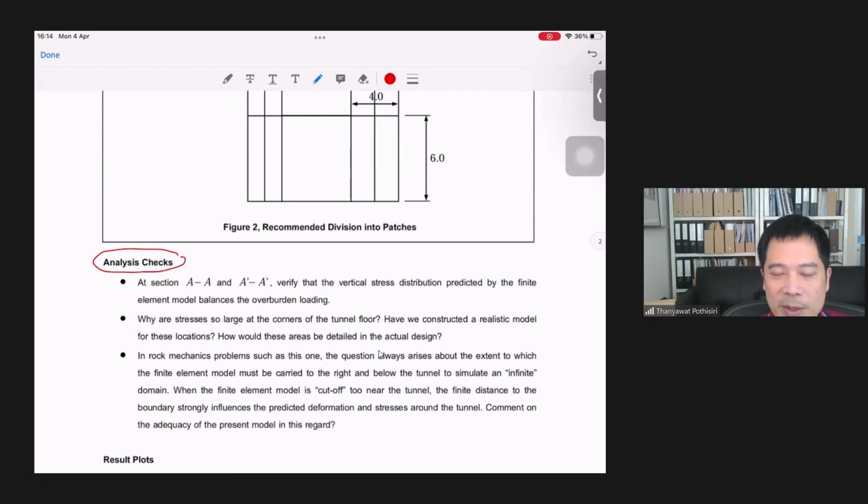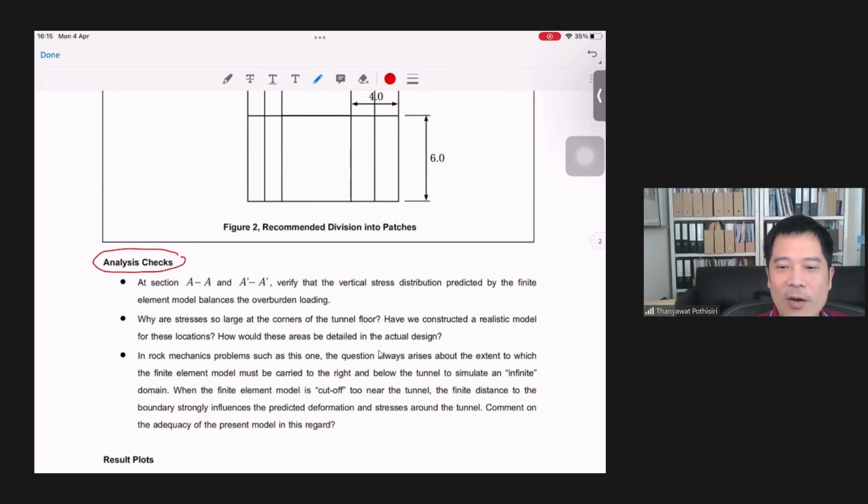So how do you ensure that the obtained solution would converge to the true or the exact solution? We talk about the issue of convergence of solution, right? So these are some of the things that you can do to check your analysis results.